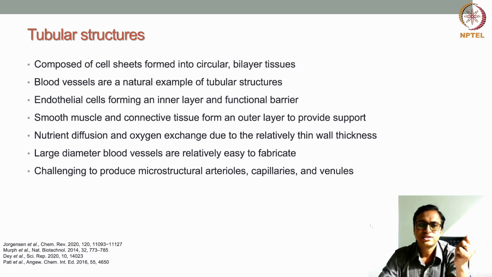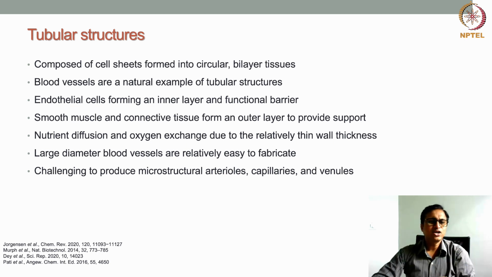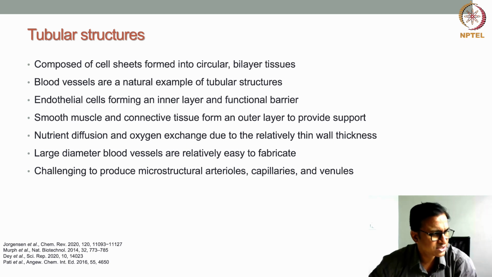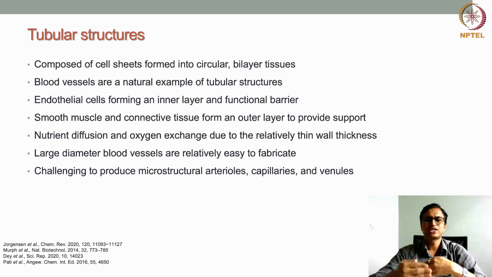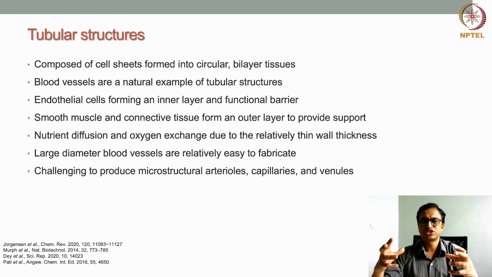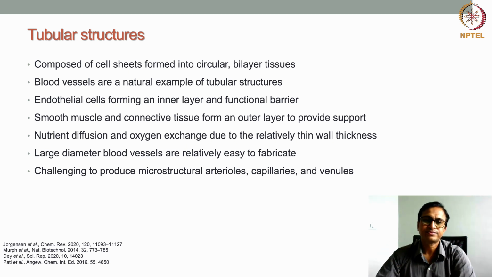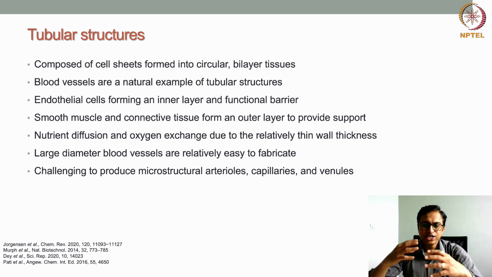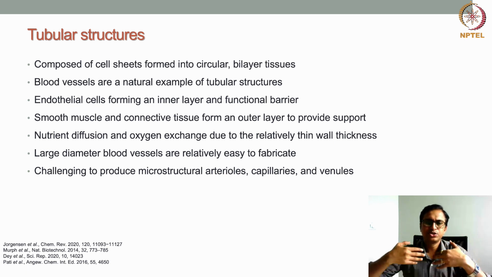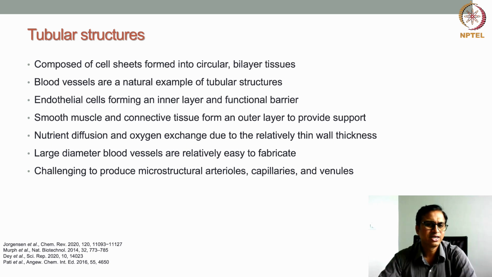These are in the form of tubules, also composed of cell sheets, but formed into circular bilayer or trilayer structures, where the cell sheets are arranged in a particular order to get these circular tube structures. Blood vessels are a natural example of tubular structures. Even the airway tract or food pipe, like the esophagus, are also tubular structures.